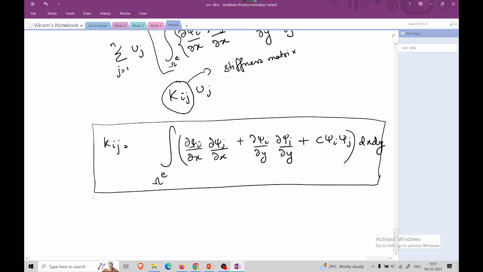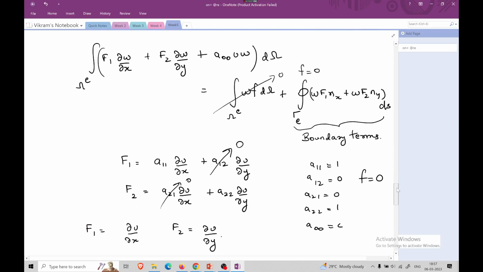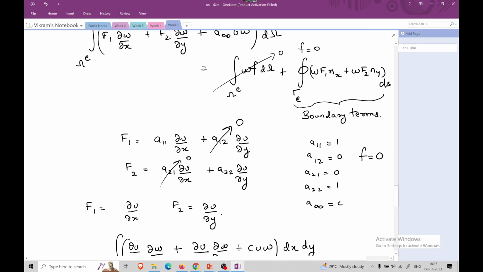So if we see the a values, here my a00 is C. So in our case it is not necessarily 0. Here our a11 and a22 are equal.